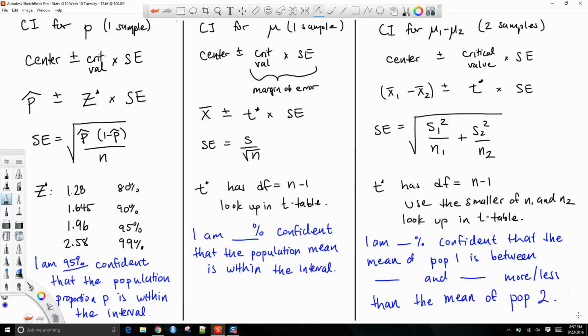So the last one you're talking about the difference between the two population means, whereas the other ones you're talking about the population mean directly. When you have one sample, it's about the population mean directly. Two samples, you're talking about the difference between the two population means.